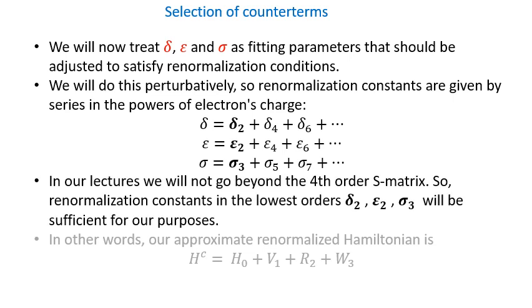And we are not going beyond the fourth perturbation order, so for us it will be sufficient to calculate these constants in their lowest orders. In other words, our new renormalized Hamiltonian is the same as the old one plus R2 plus W3.